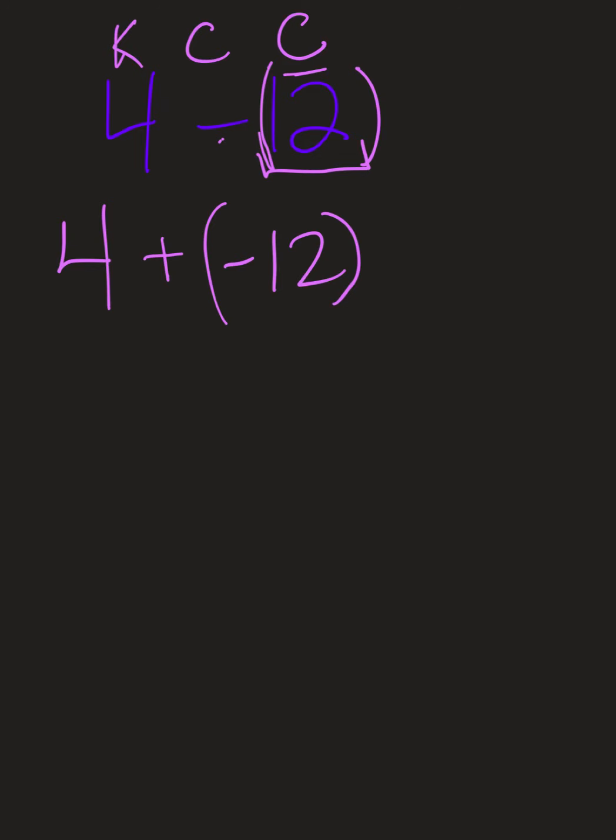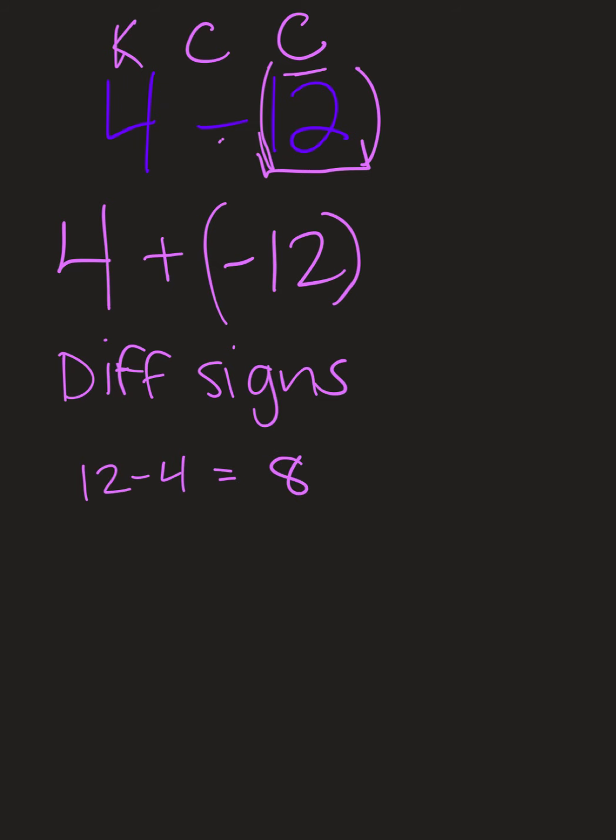So 4 plus negative 12, now I have different signs. So I'm going to subtract. 12 minus 4 is equal to 8. But I'm going to keep the sign of the larger absolute value. 12 itself is larger than 4, and 12 is negative, so negative 8 will be my final answer.